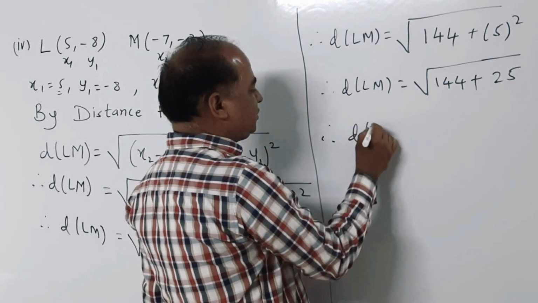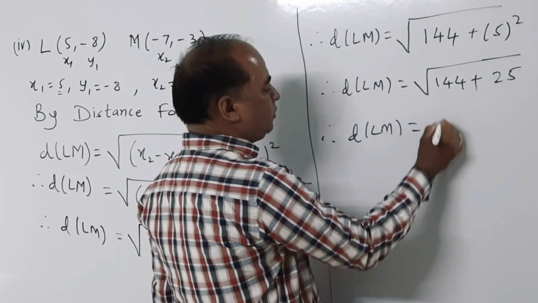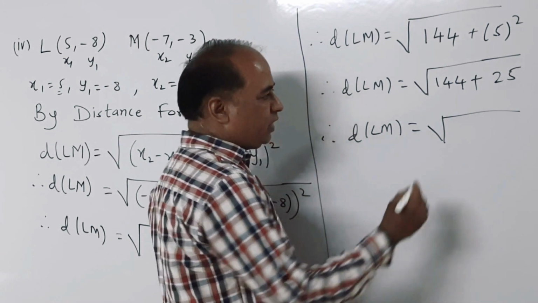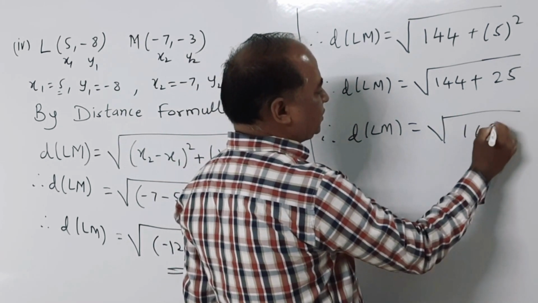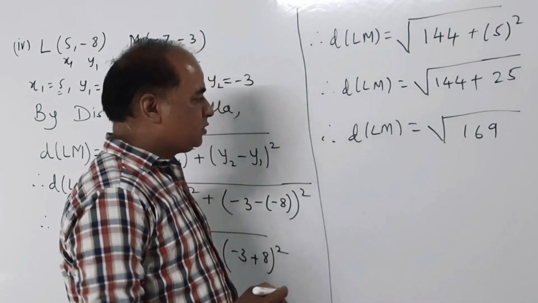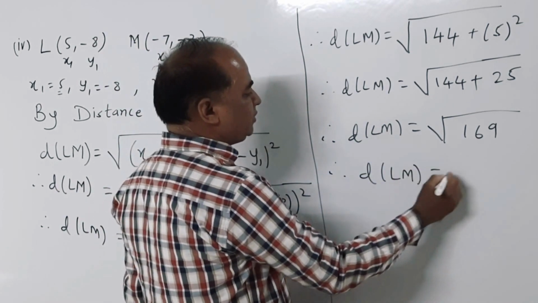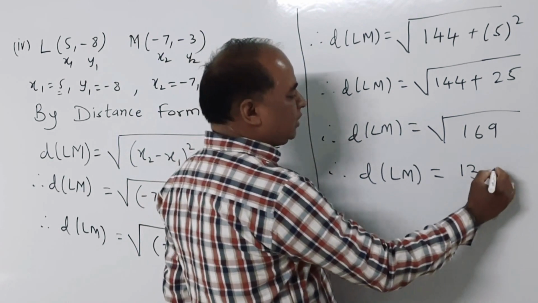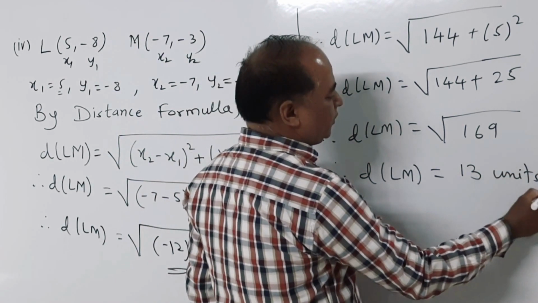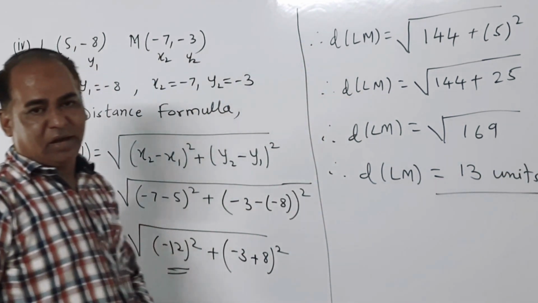Therefore, 144 plus 25 is equal to 169. So square root of 169, distance LM is 13 units.